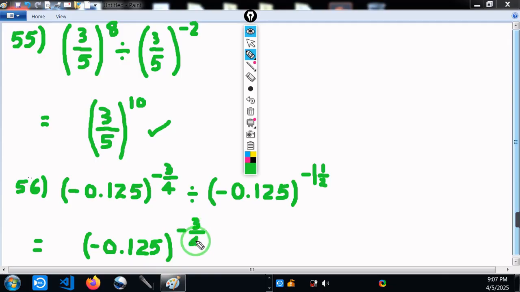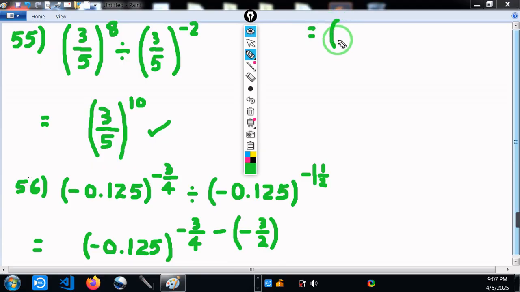The division operation tells us that the powers must be subtracted. And now this one is minus 1.5, which will be 2 times 1 is 2, 2 plus 1 is 3, 3 over 2. Allow me to take it over to the right hand side. As I said previously, this will be equal to minus 0.125.